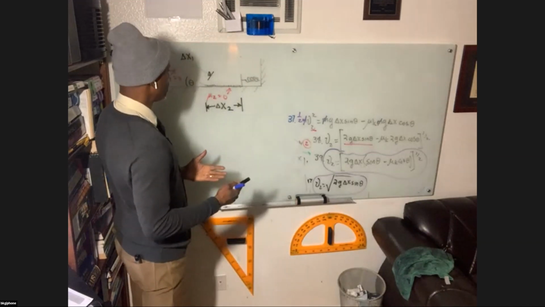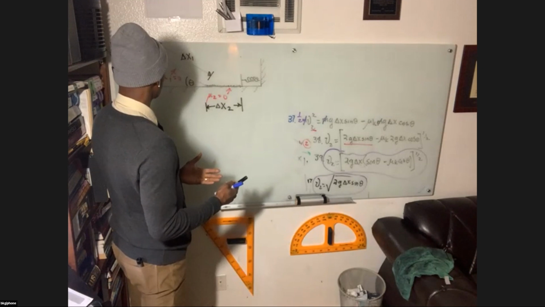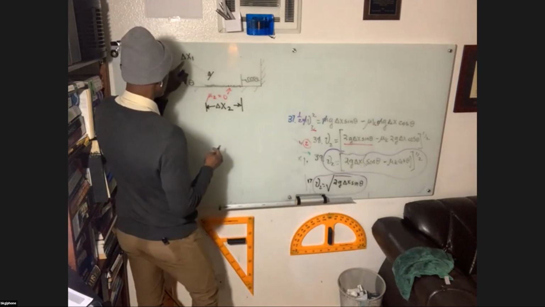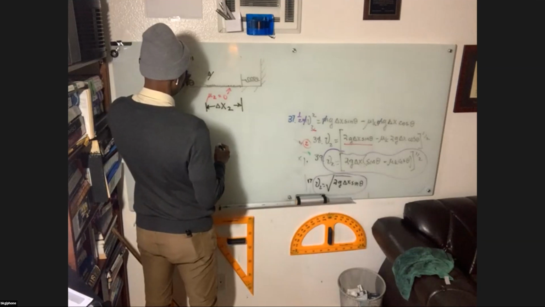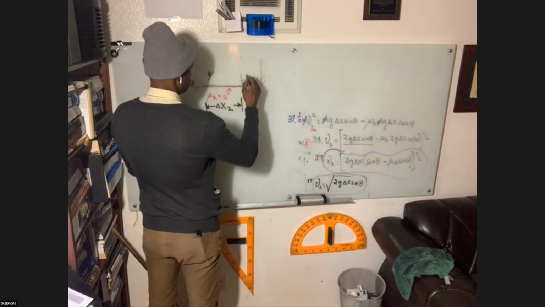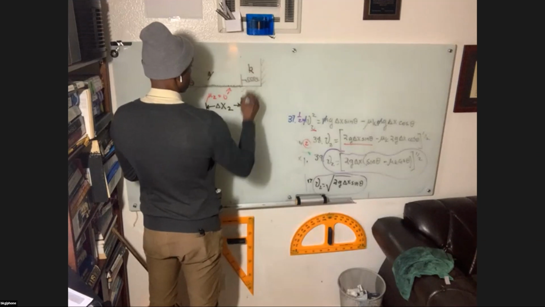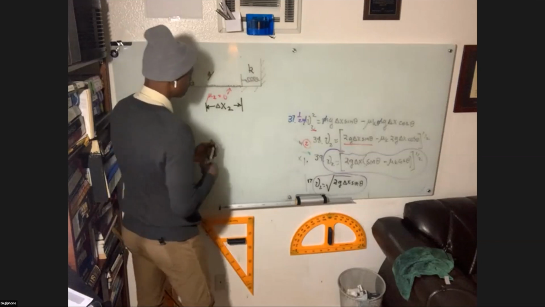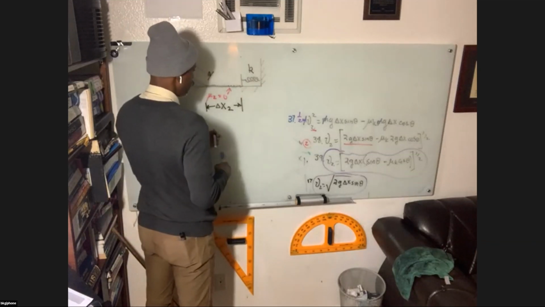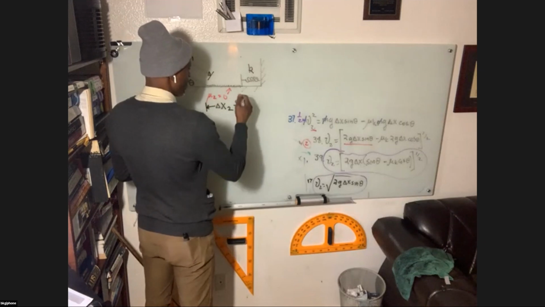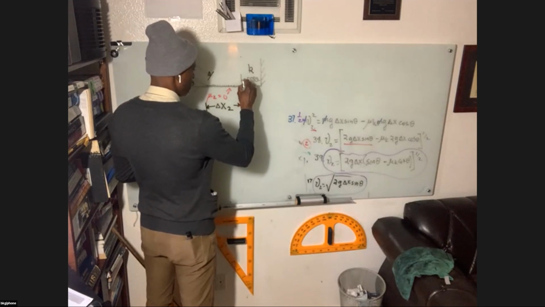And I want to know, given what we know: theta, delta x1, delta x2, and k, how much will the spring be depressed when the mass hits it? It's going to hit it and depress it a little bit, maybe like that.